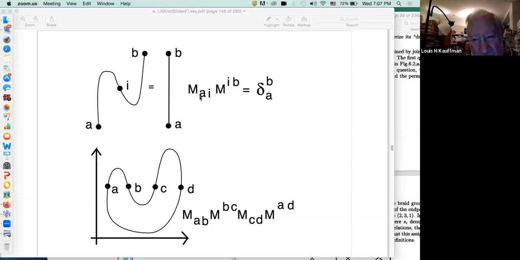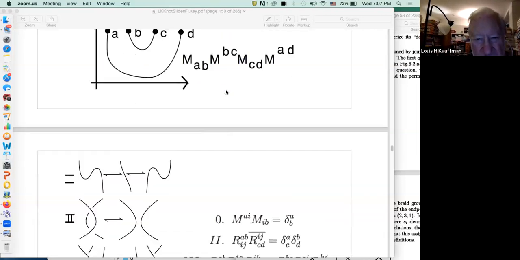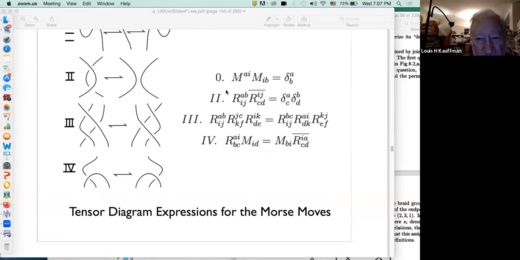That's a matrix product. That says as a matrix, M lower AI multiplied by M upper IB is equal to the identity matrix, summing on the common index. And then we need another equation that says that R and M are related to M and R for the fourth one.